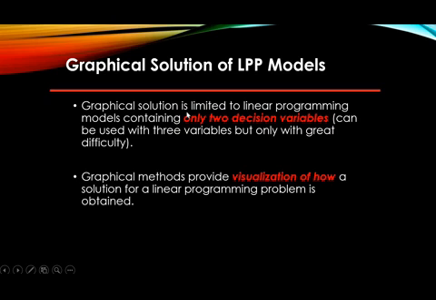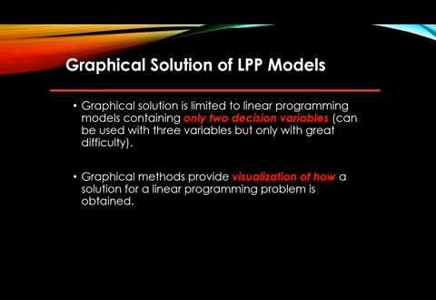Here, the graphical solution method can be applied only when there are two decision variables. This I told you earlier as well. Once again, I'm repeating. Graphical method can be applied only when we have two decision variables.